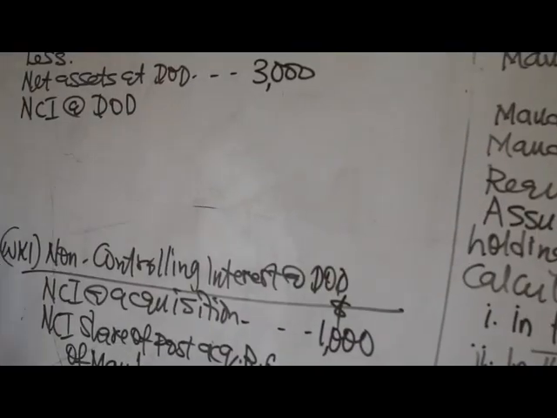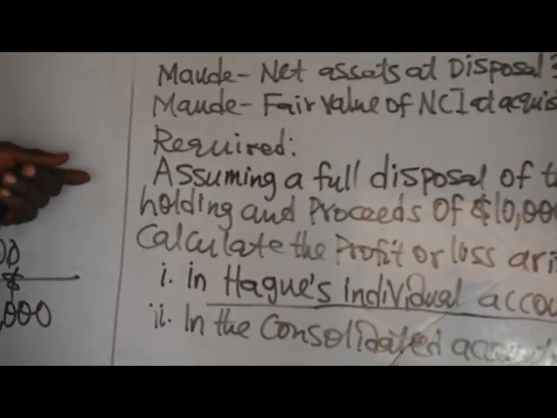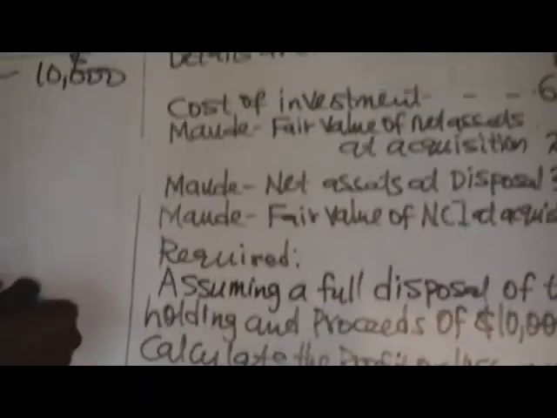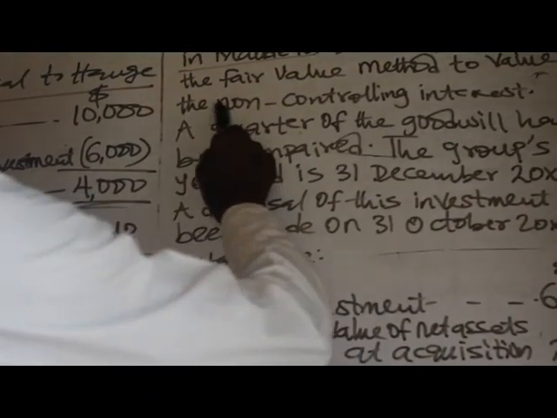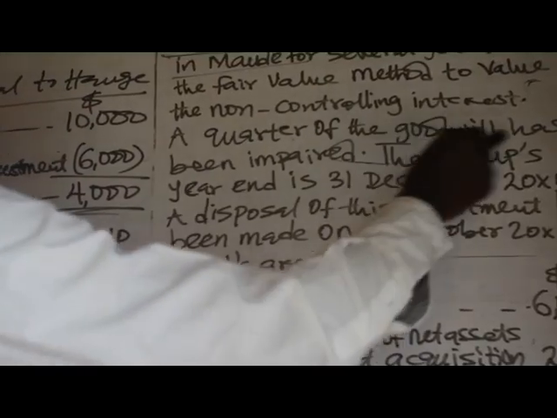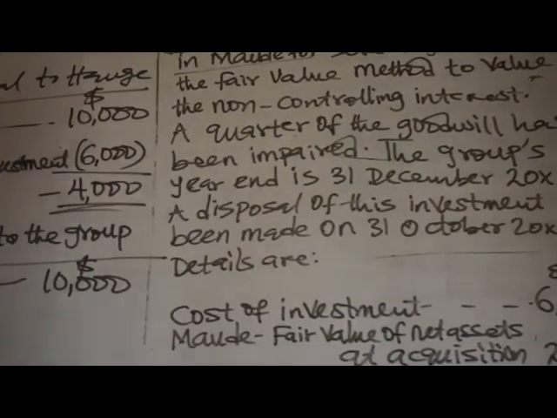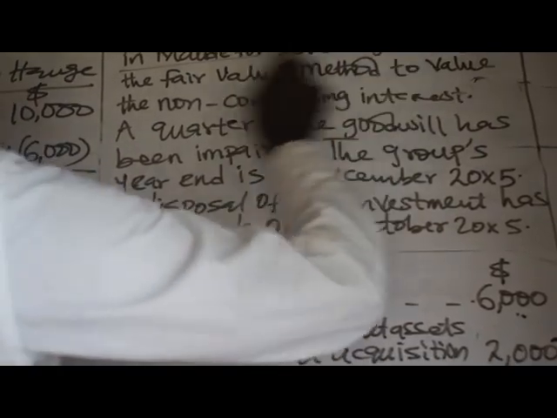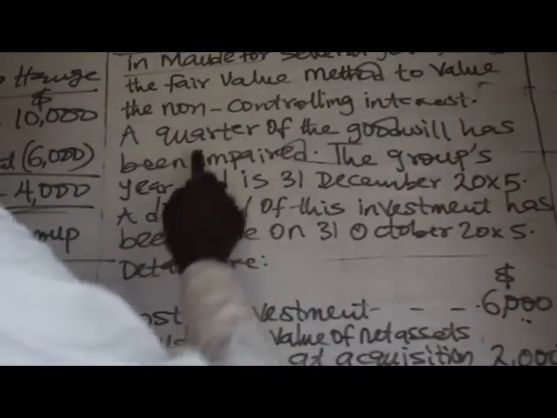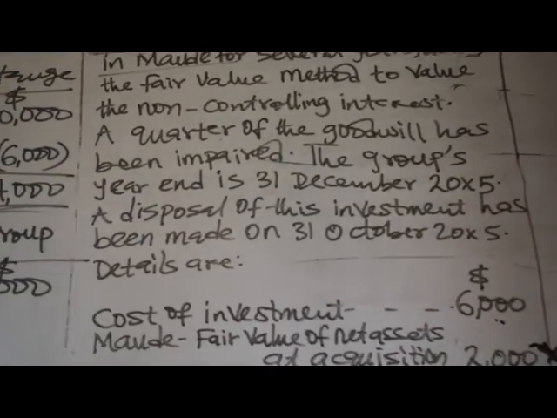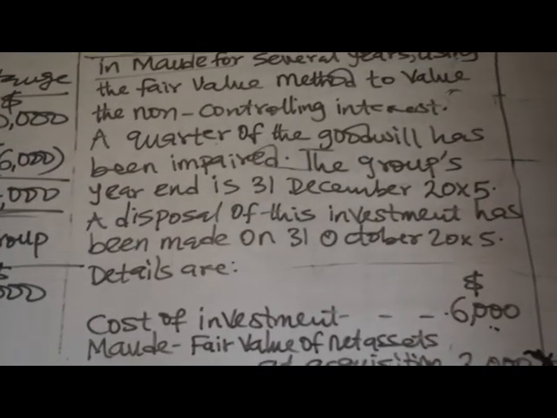Remember, the policy is fair value. You check if there is any impairment. So you were told that, for the non-controlling interest, a quarter of the goodwill has been impaired. Mild is using the fair value method to value the non-controlling interest, and a quarter of the goodwill has been impaired. Since goodwill has been impaired, you are going to charge impairment loss here.